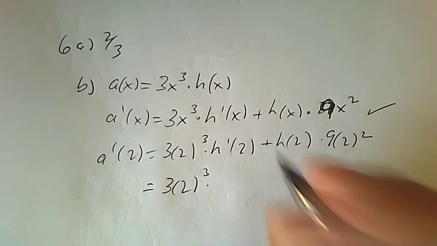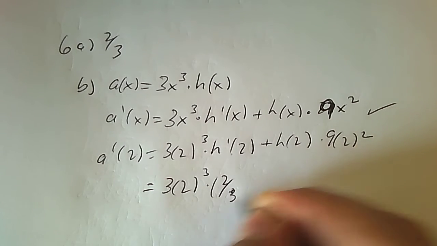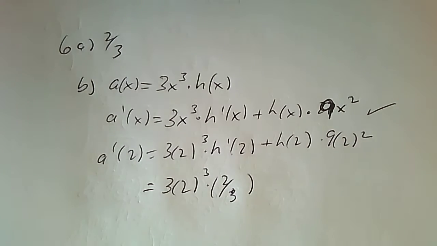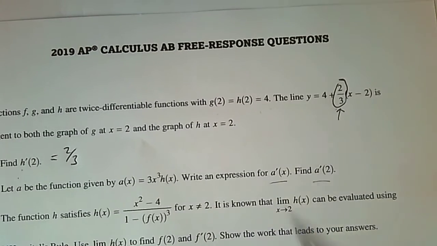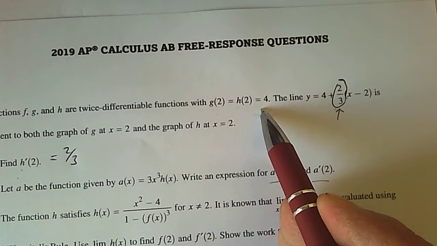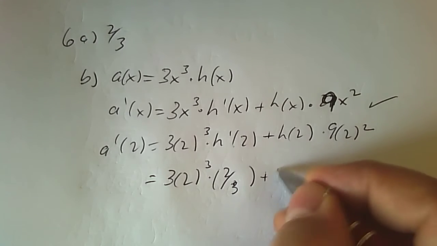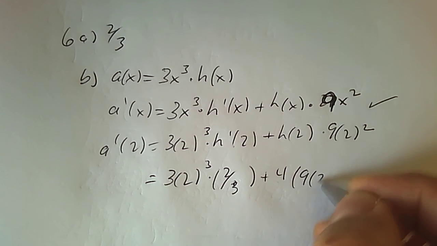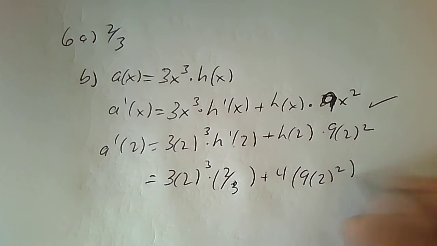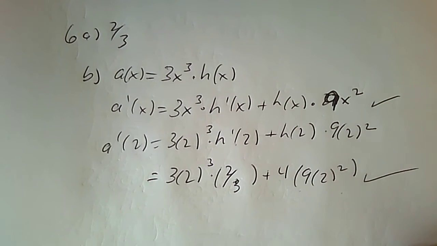We just did h derivative, that's 2/3, so plug that in. What's h at 2? It actually is also given in the question, that h at 2 equals 4, so we're just going to put in 4. That's it. And then plug in 9, and then 2 squared. That's a beautiful answer.